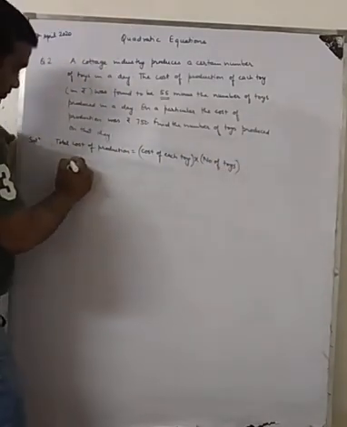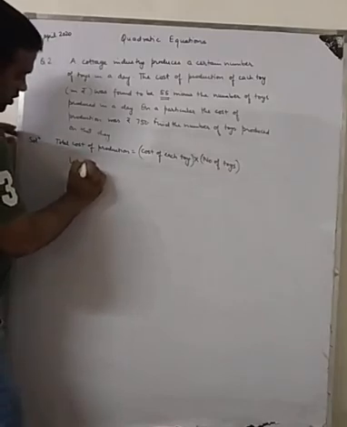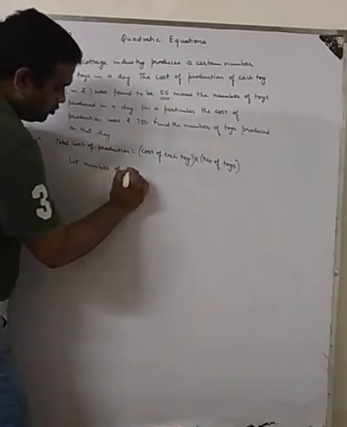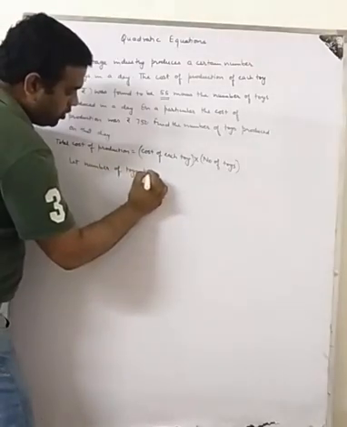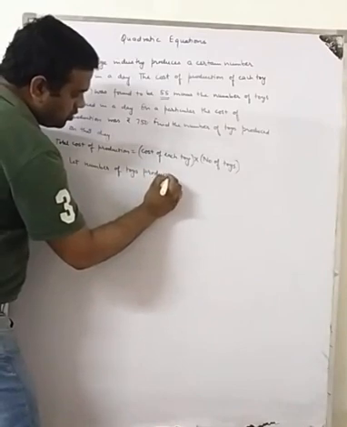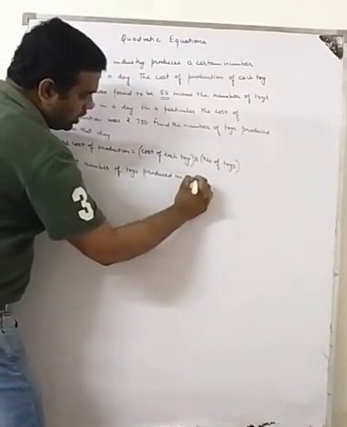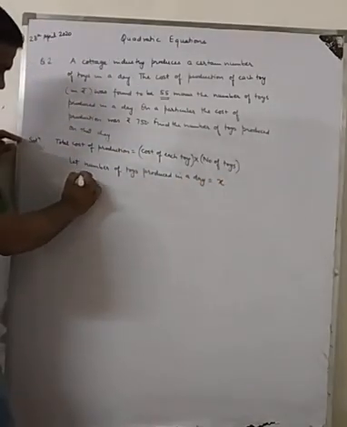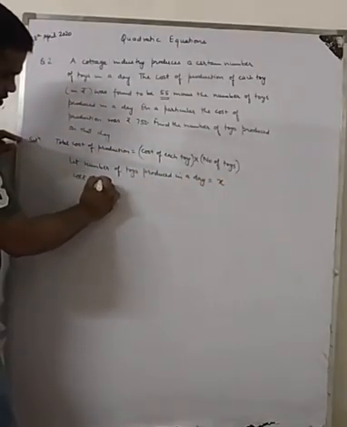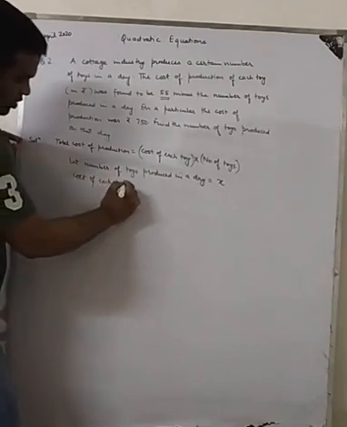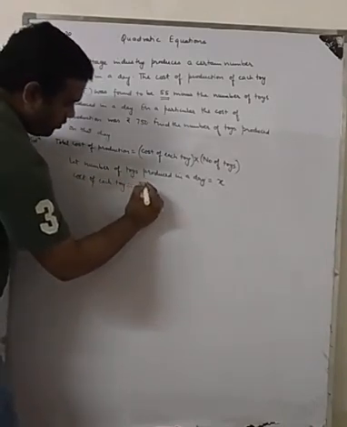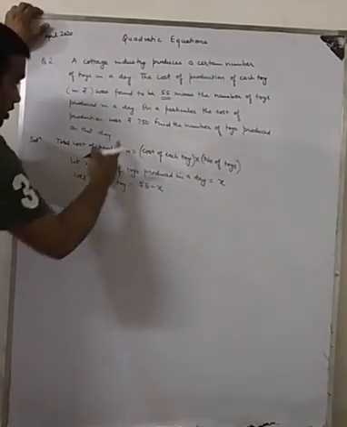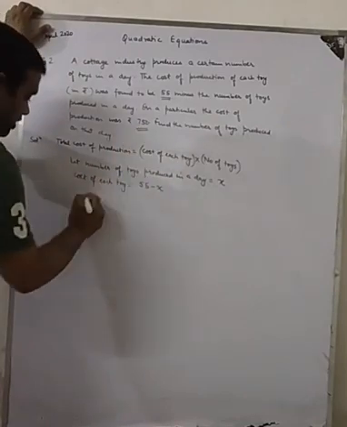So let the number of toys produced in a day be X. So the cost of each toy is 55 minus X.